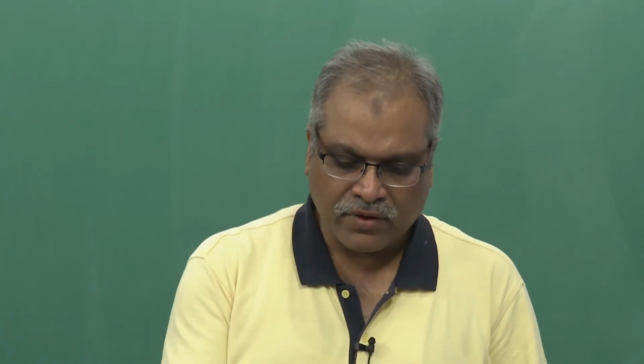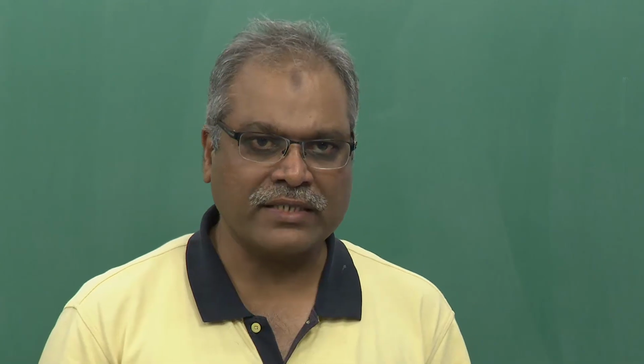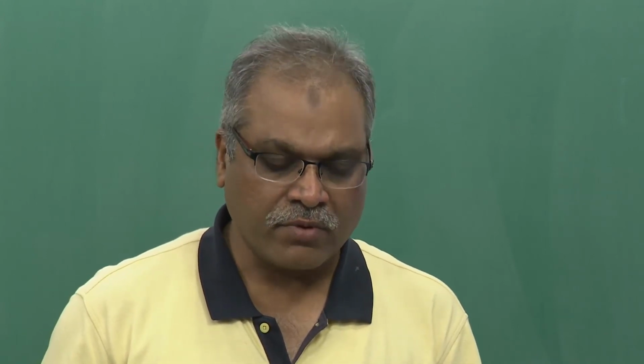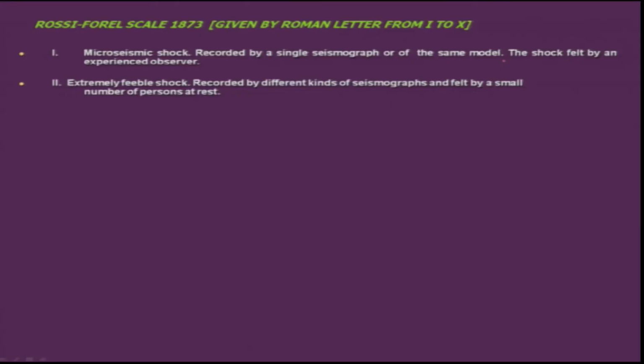For intensity 1, it says the microshock is recorded by a single seismograph or of the same model, the shock felt by an experienced observer. If you are extremely experienced to understand whether this shaking was related to an earthquake or something else, then you will be able to make out that this was an earthquake with an intensity of 1.